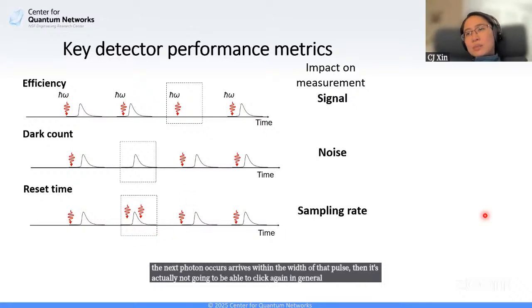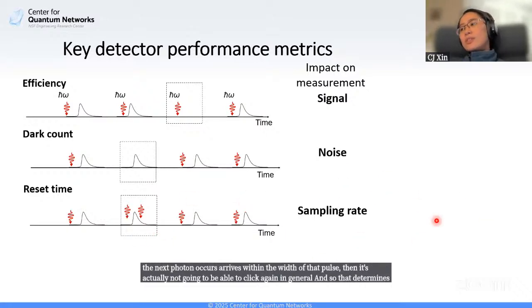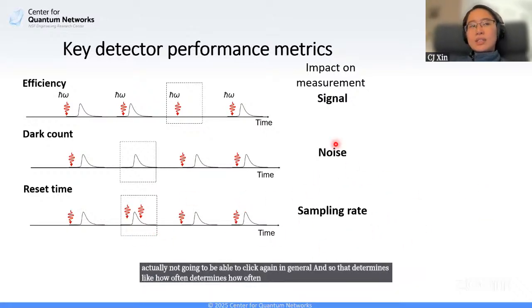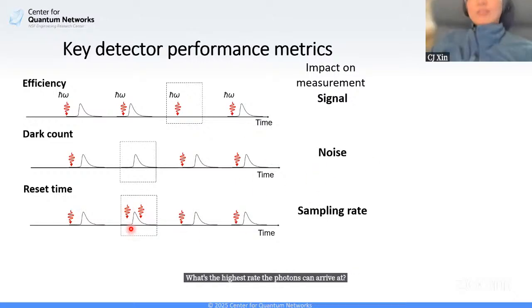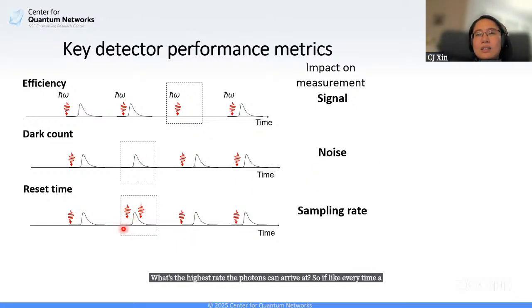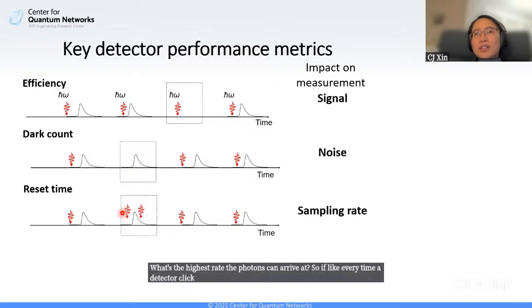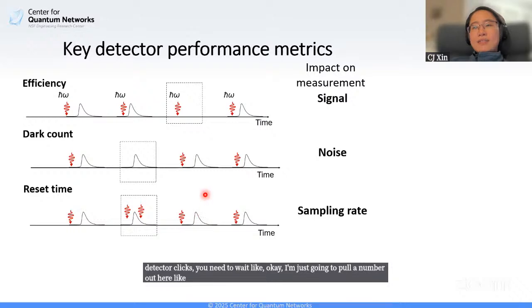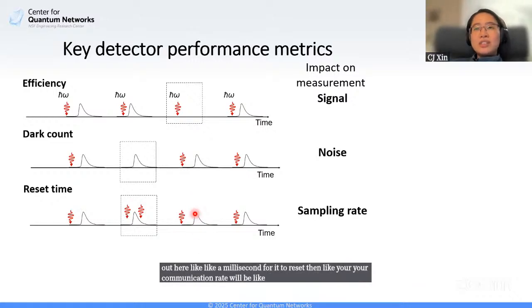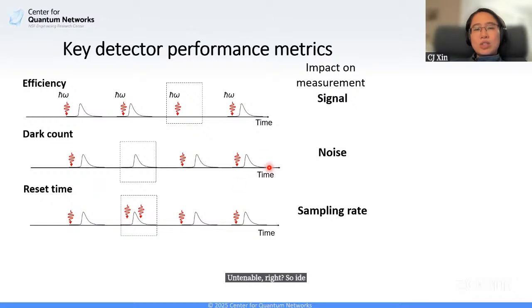That determines the highest rate at which photons can arrive. If every time the detector clicks you need to wait, say, a millisecond for it to reset, then your communication rate will be locked to a kilohertz, which is untenable, right? So ideally you want the reset times to be short.